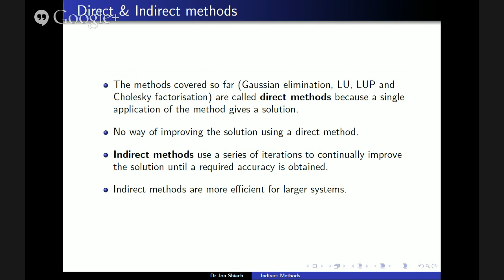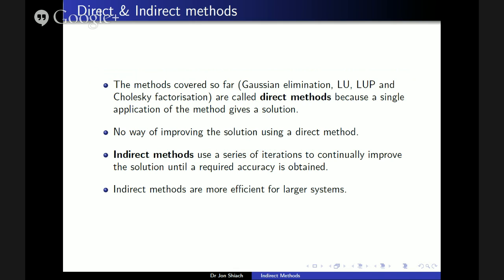Indirect methods are much more useful for larger systems, where you'll be doing sparse matrix calculations. Direct methods tend to have trouble with sparse matrices. Indirect methods are far more efficient and use less memory, especially when you have large systems, which we tend to have when we're doing this in practice.